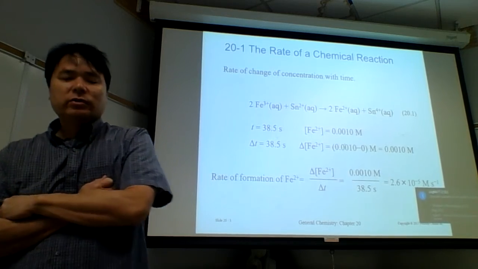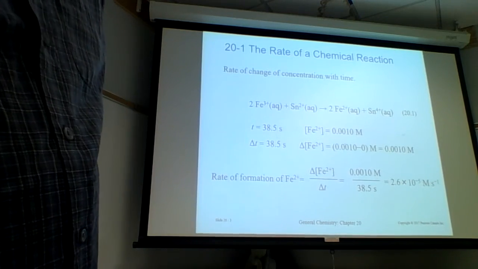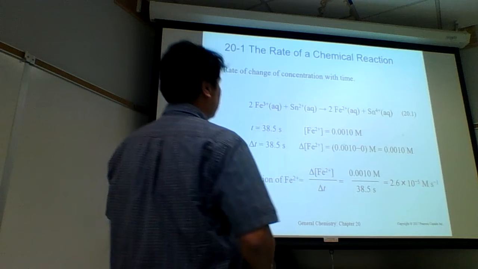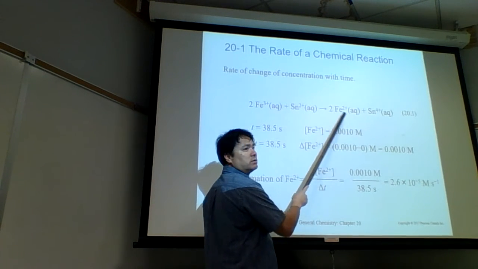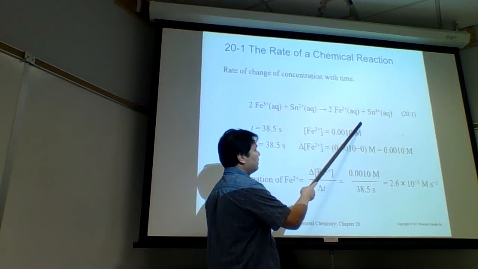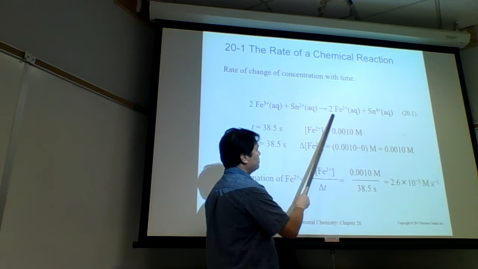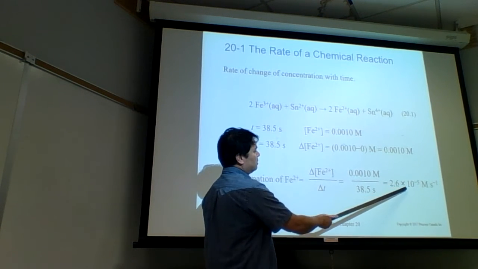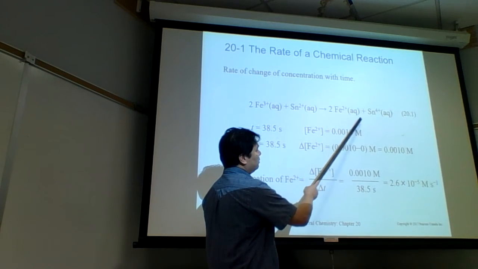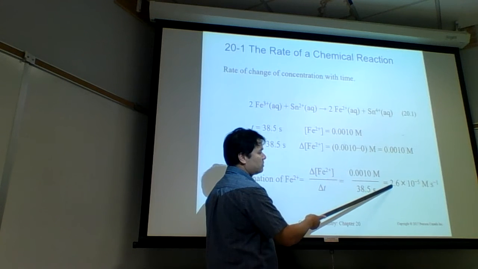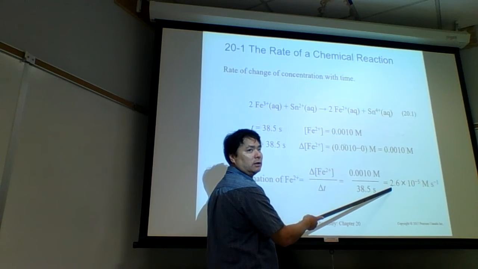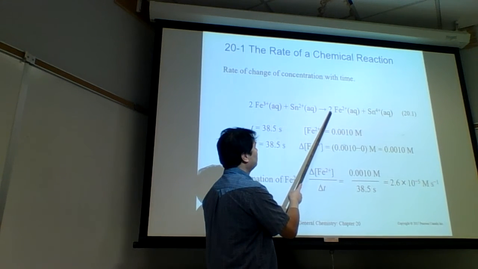But if you look at the stoichiometry, we're going to form iron twice as fast as tin, because twice as much iron is produced as tin. So if the rate of formation of iron is 2.6 times 10⁻⁵, then the rate of formation of tin, based on the stoichiometry, has to be half of that, or 1.3 times 10⁻⁵.